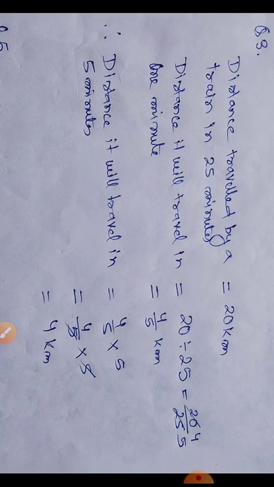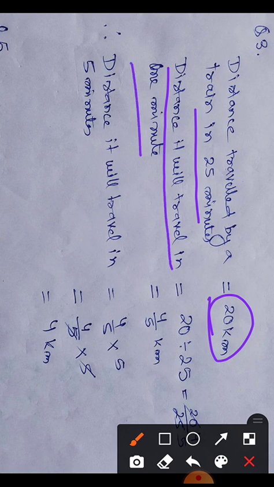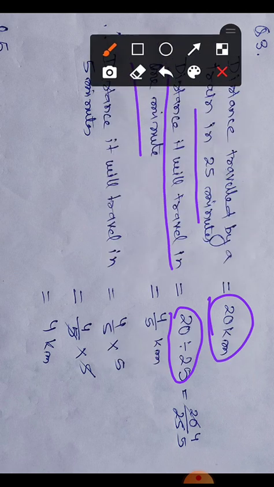I have written distance travelled by a train in 25 minutes is 20 kilometers. So the distance it will travel in 1 minute will be how much? 20 divided by 25. This can be written in the fractional form, 20 by 25. If you reduce it, it will be 4 by 5. Already I have taught you how to reduce. So 4 by 5 kilometer it will travel in 1 minute.